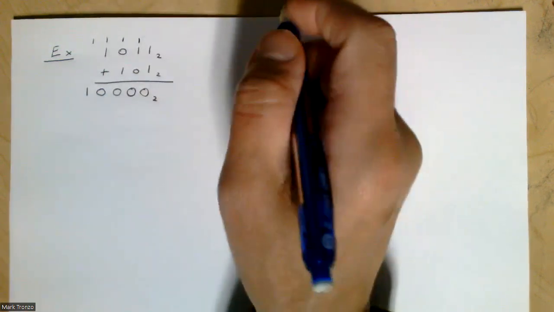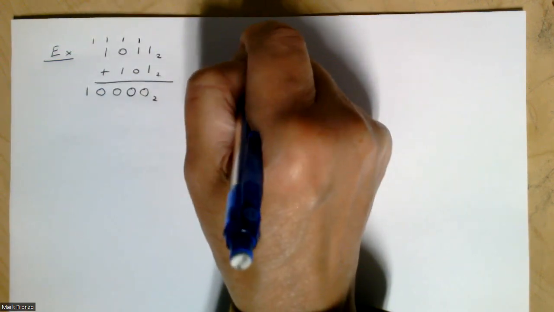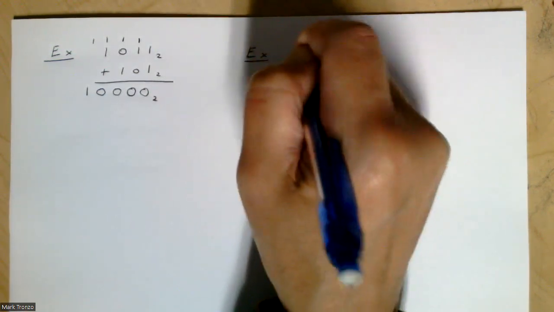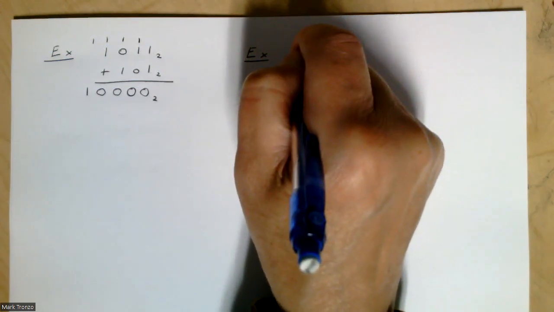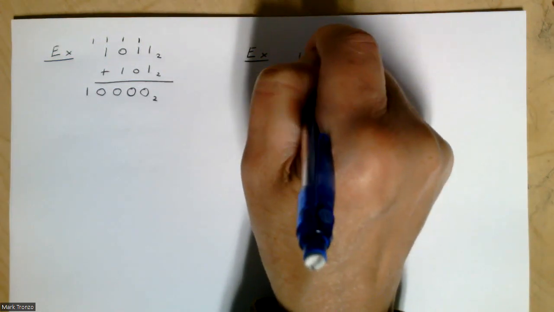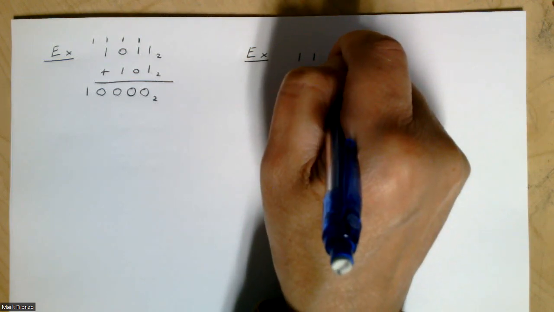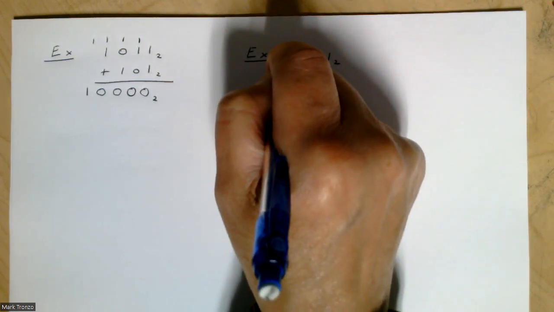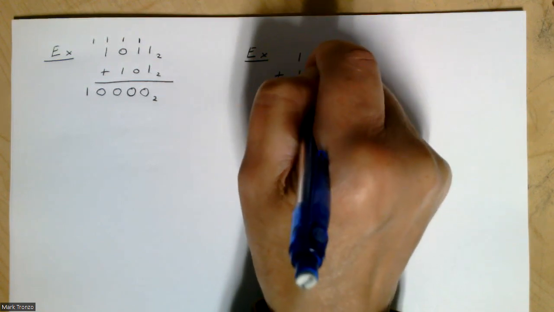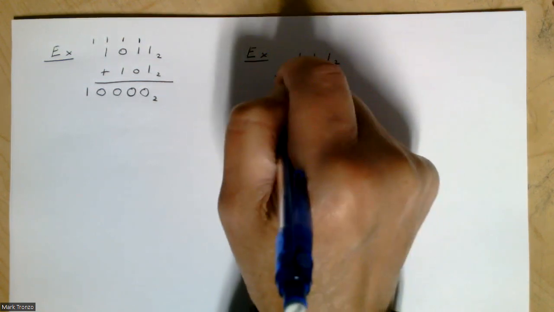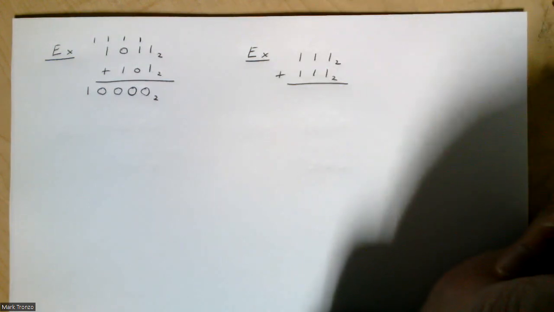So let's do another one here. Let's try this one. Let's try 1, 1, 2. Let's add these two numbers together. The same numbers.